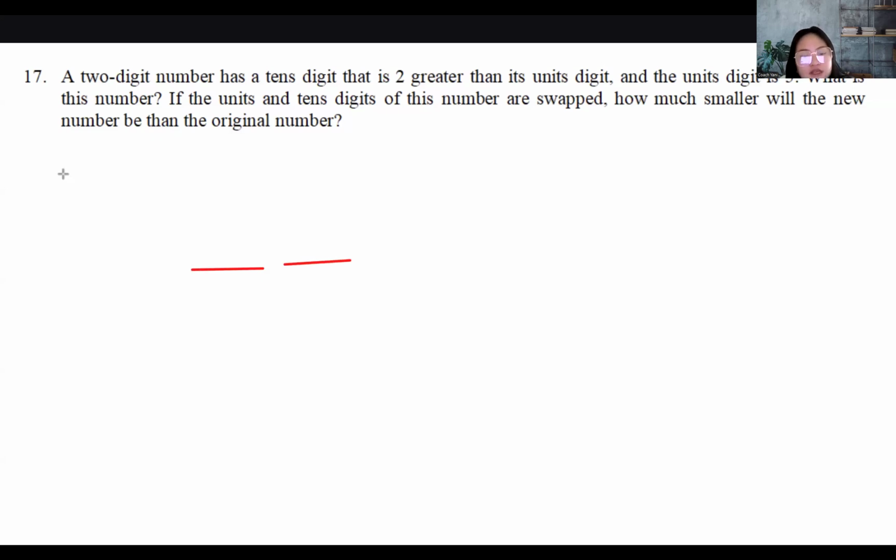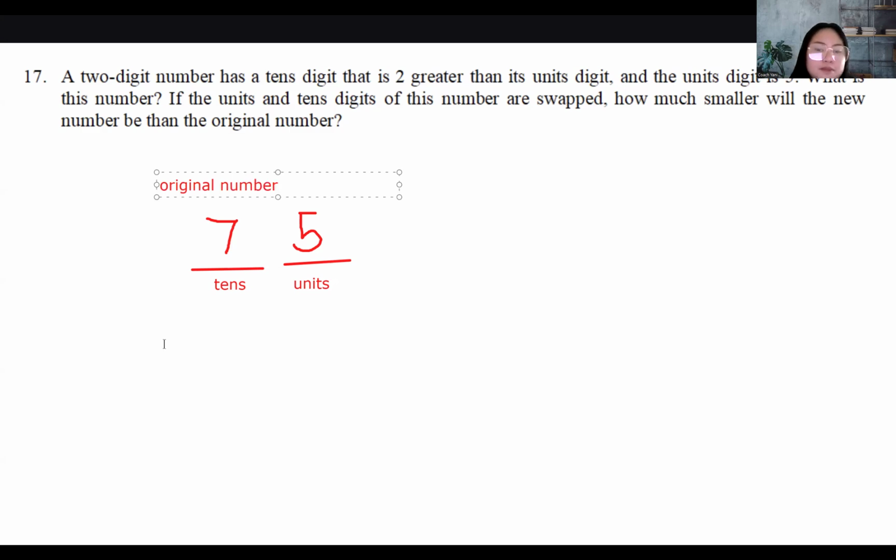So this one is the units place, and this one is your tens place. So it says here the units digit is 5. So you put 5 in the units digit. And then the tens digit is 2 greater than its units, so that is just 5 plus 2, which is equal to 7. Okay? So your original number is 75.